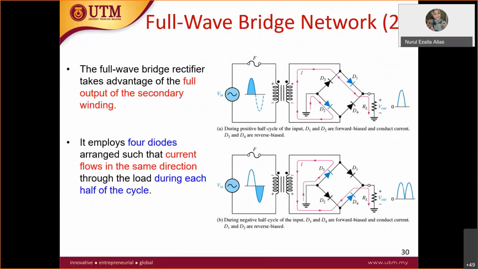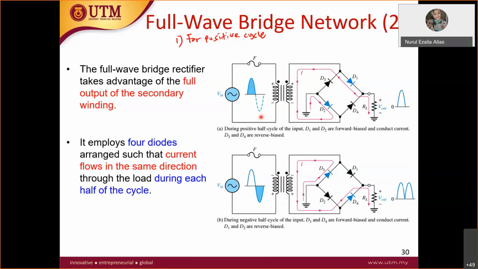So number one is for the positive cycle. It has four diodes, students, and a resistor. I'm hoping that now you are following what I said, and also my cursor and my pen.